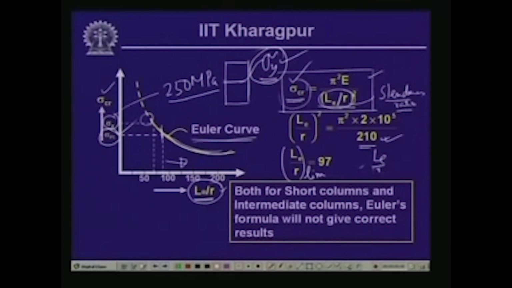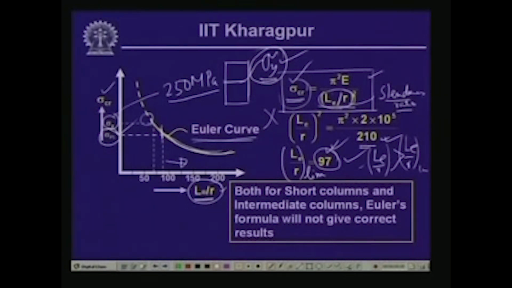Now, when the actual L E by R in the member is greater than the limiting value of the slenderness ratio, then we can use Euler's critical load formula. But if the actual L E by R is less than the limiting L E by R value, then we cannot use Euler's column buckling formula.